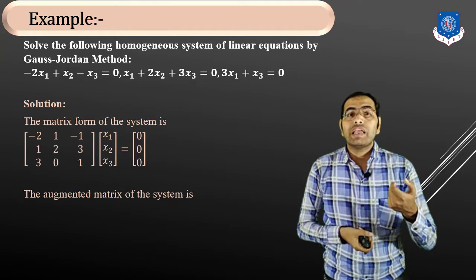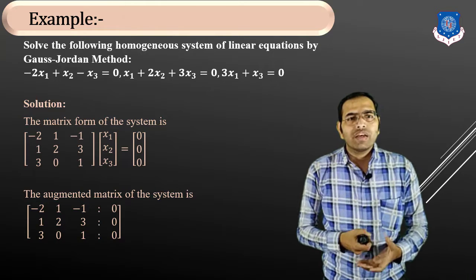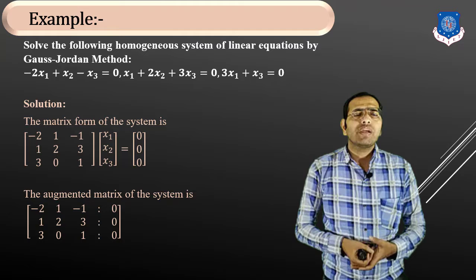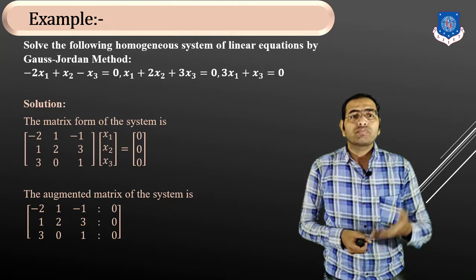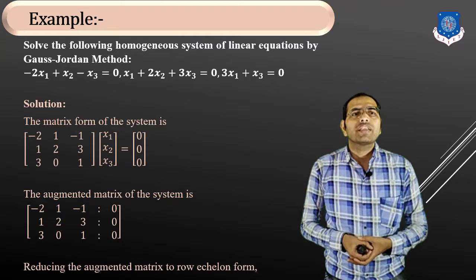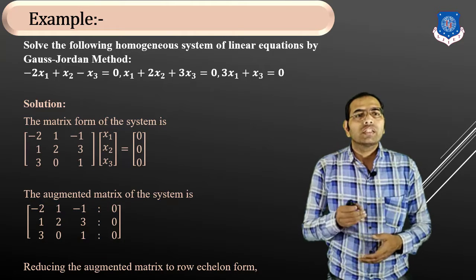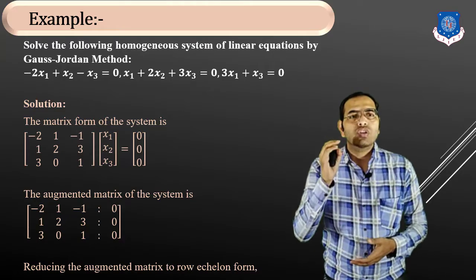Here capital A is the coefficient matrix of x1, x2 and x3. Now converting this into the augmented matrix of the system: minus 2, 1, minus 1; 1, 2, 3; 3, 0, 1; with 0, 0, 0.